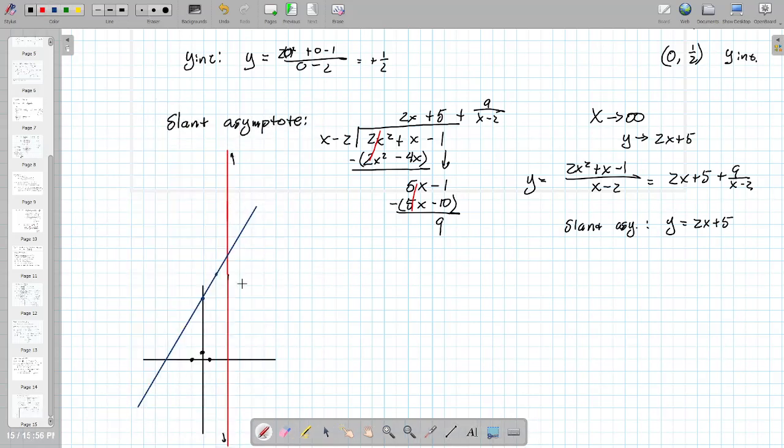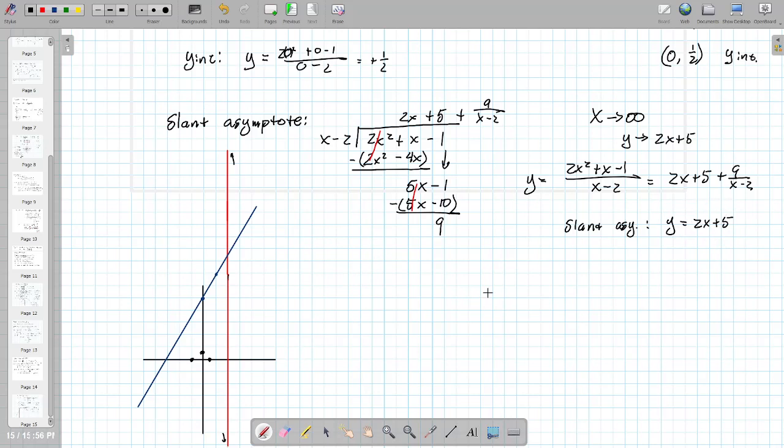Okay, so I fixed my graph up a little bit. This is what we have. Now I want to know if we're ever going to cross this slant asymptote. How do I do that? Well, if we do cross, then our function 2x squared plus x minus 1 divided by x minus 2 will equal the slant asymptote somewhere.